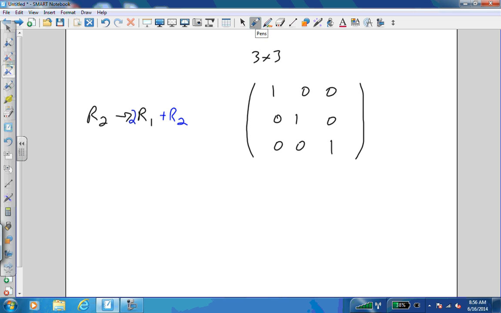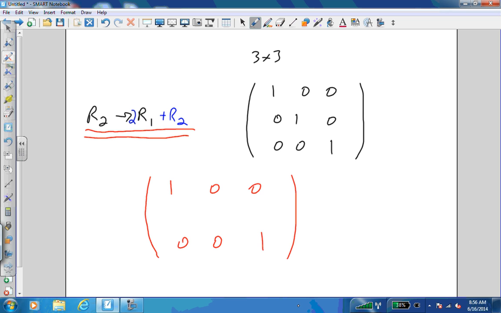So the way we write an elementary matrix to perform this is in the second row of our identity matrix, that's the only one that's going to be changed. So the first row and the third row are the same. In the second row, we're going to use these numbers as our coefficients.